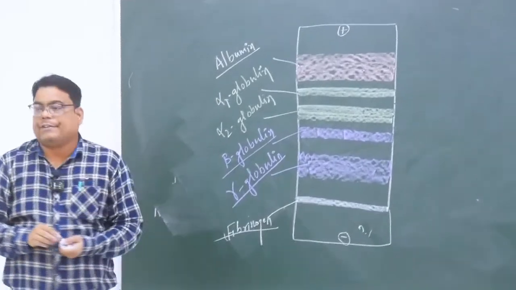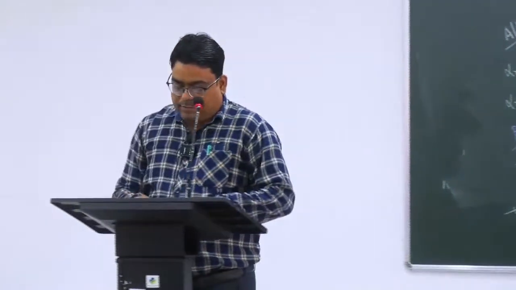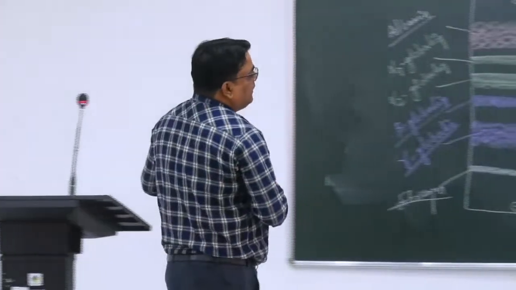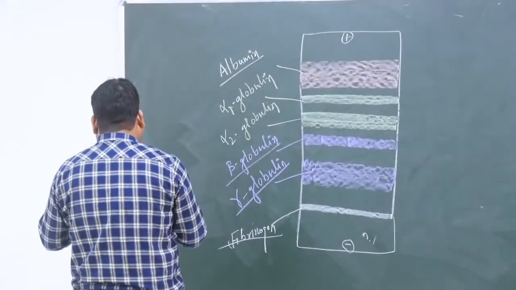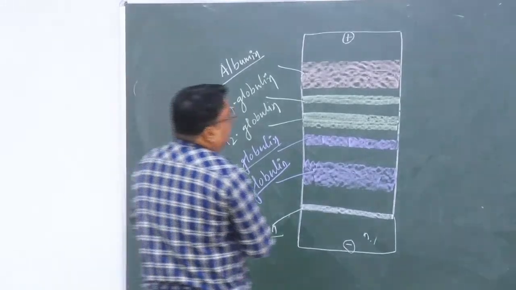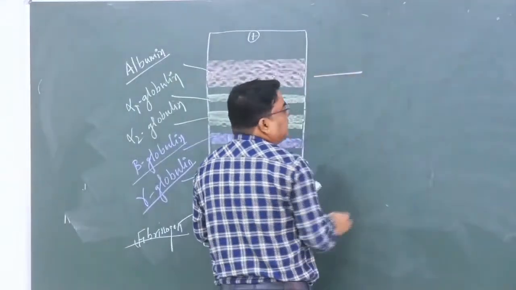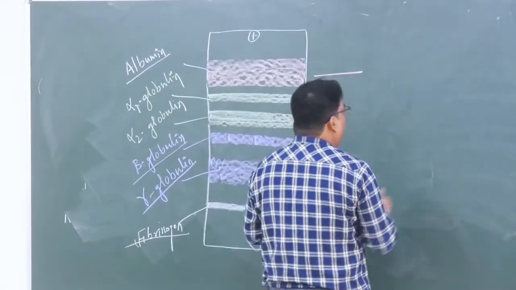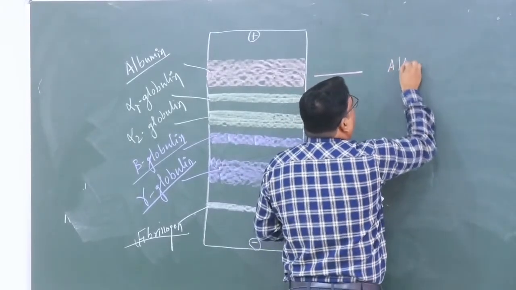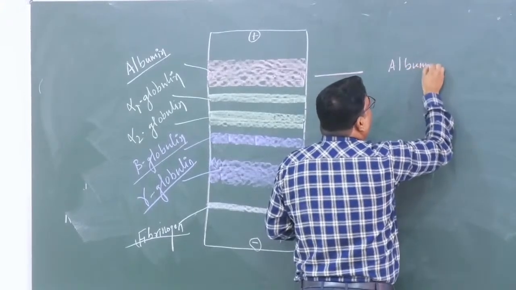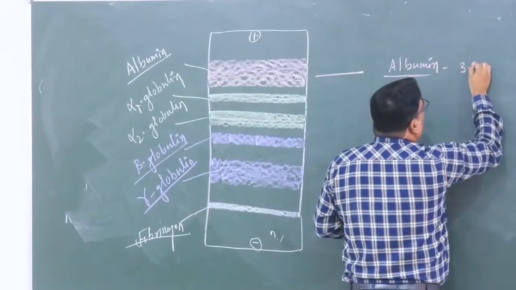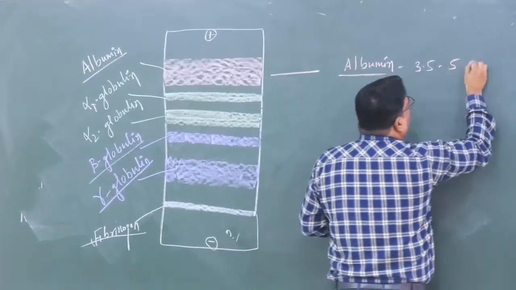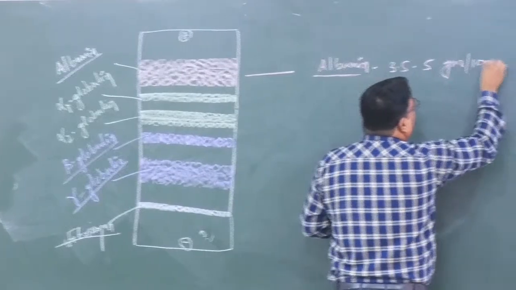Now, from this pattern, what do you think? The albumin concentration is high. We use a densitometer to measure this, but majorly the amount is here. Albumin is 3.5 to 5 gram per 100 ml.